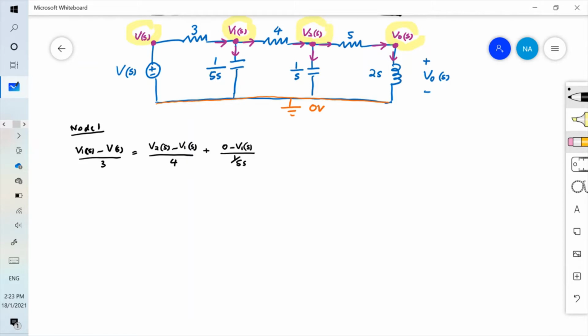Okay, so right now for node 1, you have that VS term. So leave it on the left hand side. And then for the rest of the terms, bring it on the right hand side. But please make sure your arrangement is according to V1, V2 and then V0. Arrange it in that way.